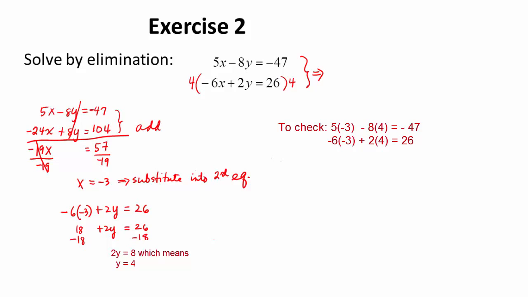Now if you really want to do elimination all the way, then you're going to have to multiply this by 6 and this by 5 and then add, and you're going to be able to solve for y once the x is eliminated. So your solution, you have a consistent system. The solution is x is equal to negative 3 and y is equal to positive 4.